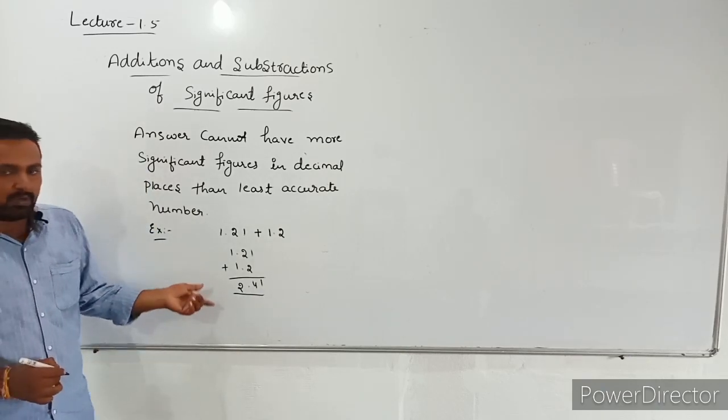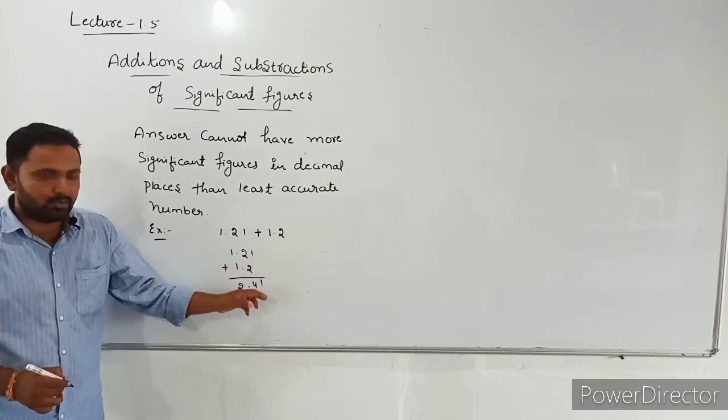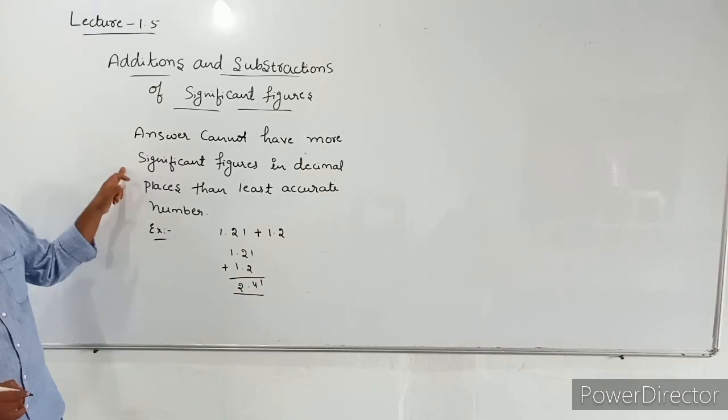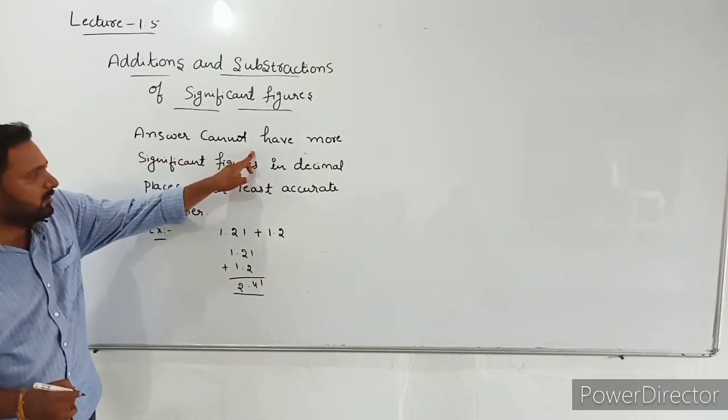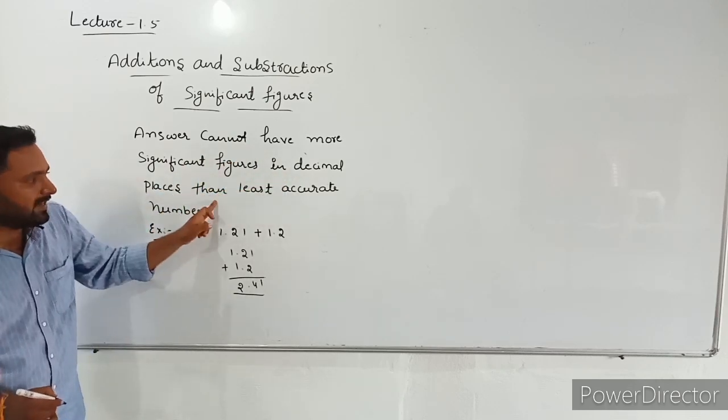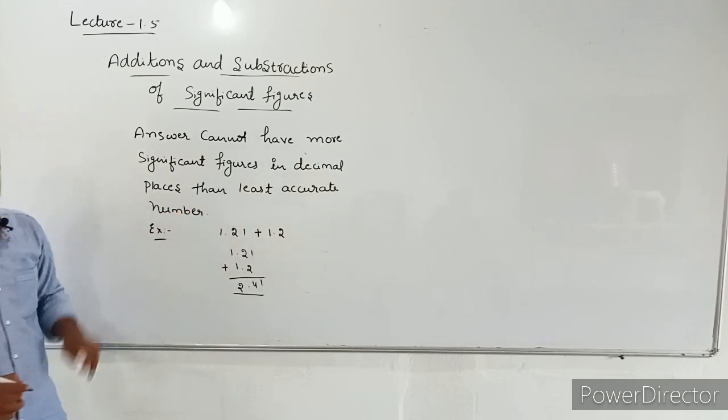You should not report this answer as 2.41. Why? Because according to the rule, the answer cannot have more significant figures in decimal places than the least accurate number.